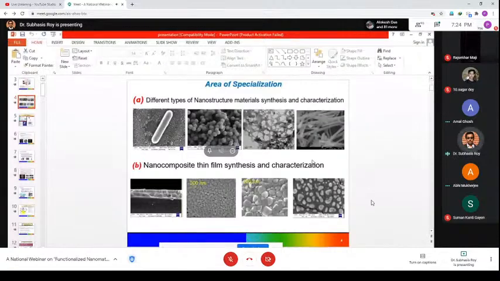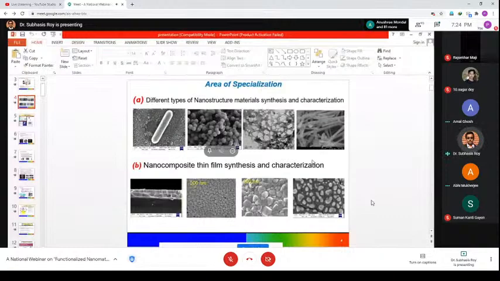That means in 1D, 2D, or 3D, any of the dimensions should be in the nanometer range. Many people are working, particularly in lab on chips, the electronics field, and the textile industry.